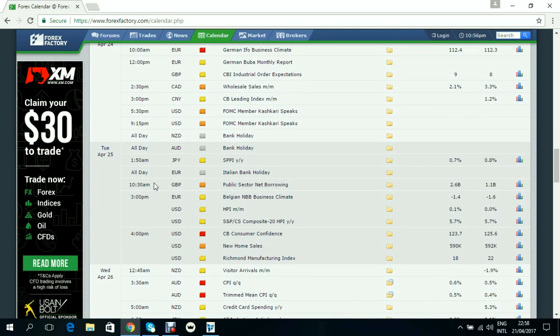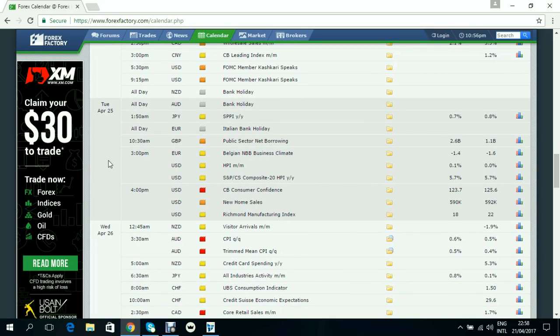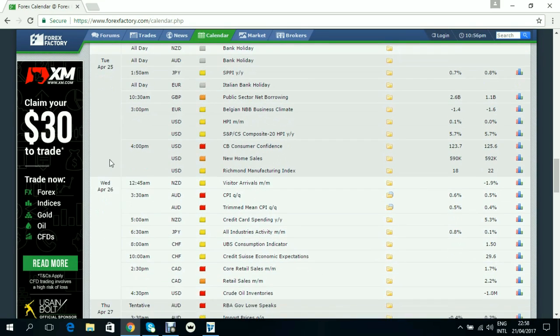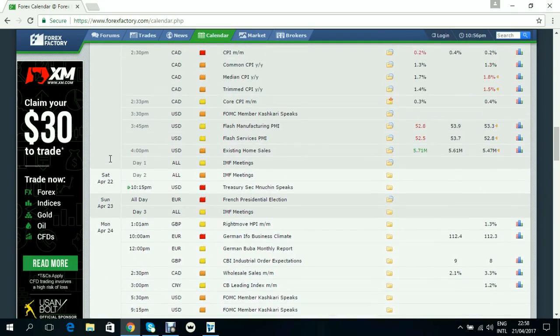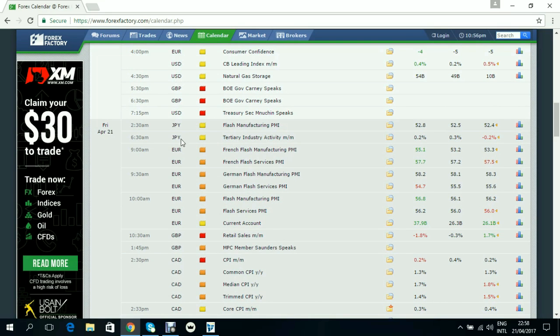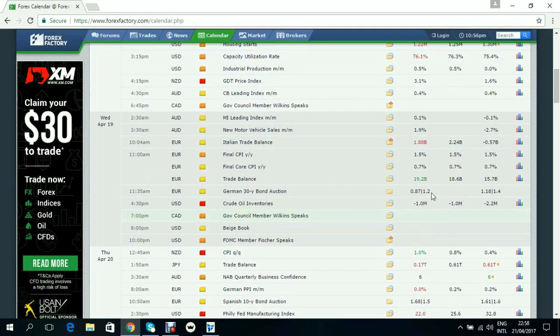So it's just for us to know the time and the type of news and know the impact, and then it will give us a clue as to what we should be expecting. Alright, so basically this data is fundamental.